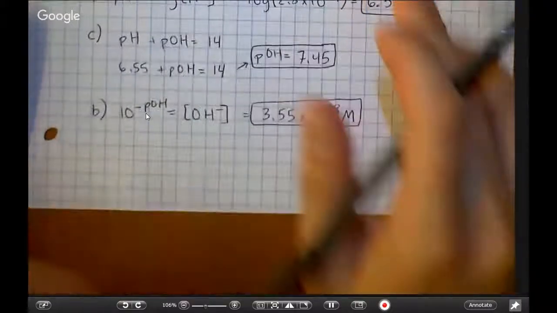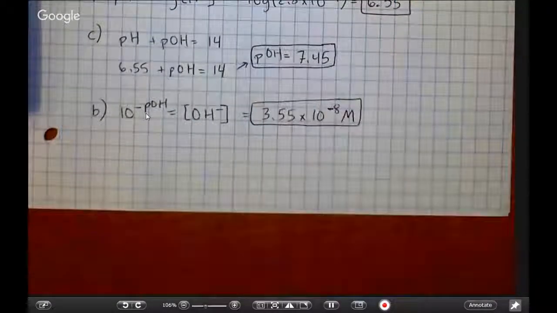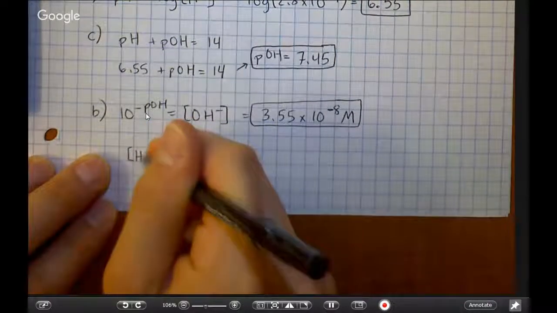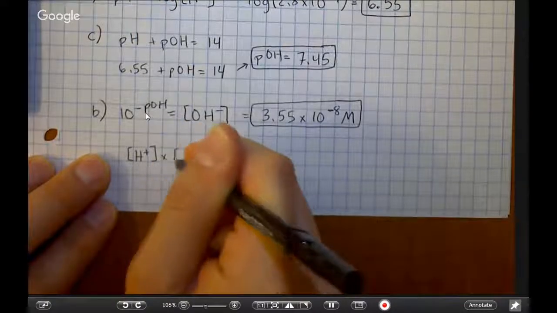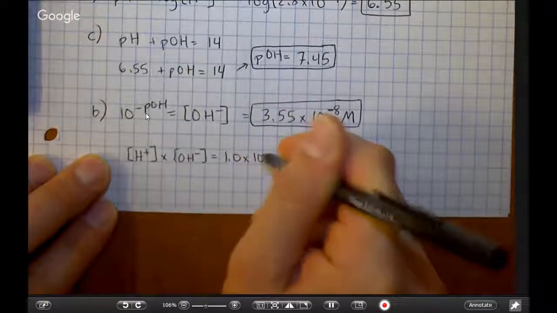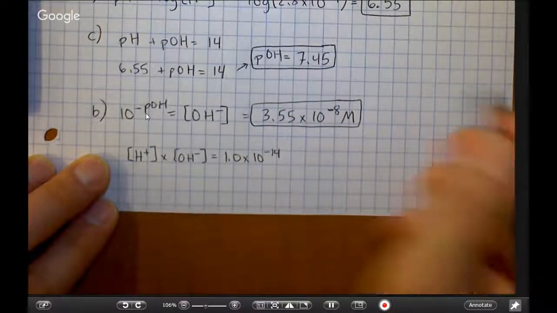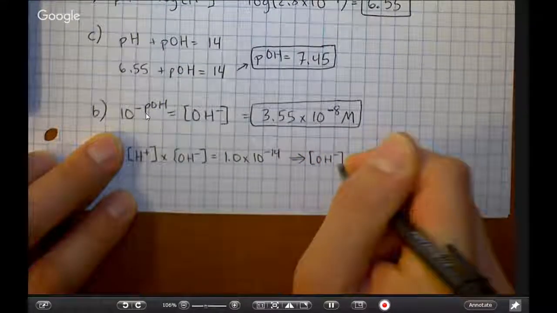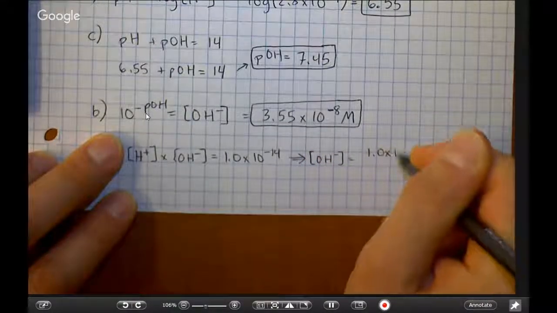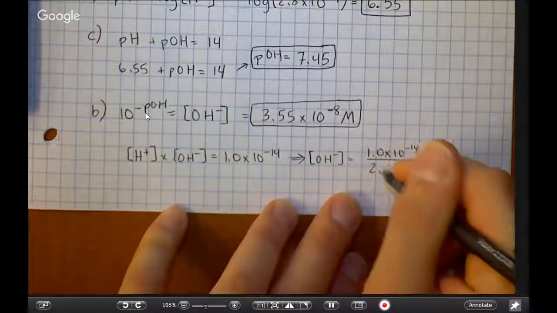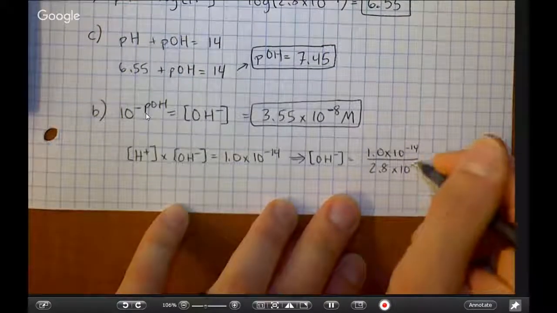So by the way, if you hadn't gone that route and you wanted to do B before C, and you want to find your hydroxide concentration, keep in mind that H plus times hydroxide is 1 times 10 to the minus 14. So hydroxide is equal to 1 times 10 to the minus 14 divided by our H plus concentration, which was given as 2.8 times 10 to the minus 7.